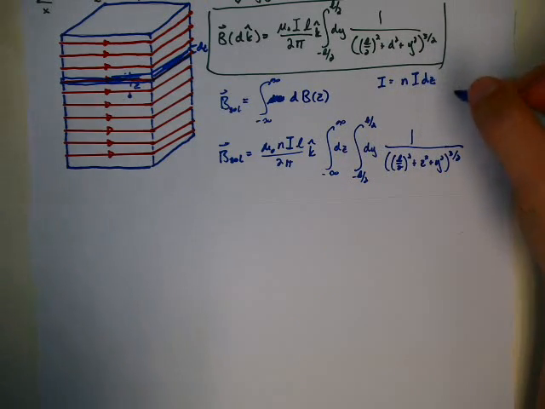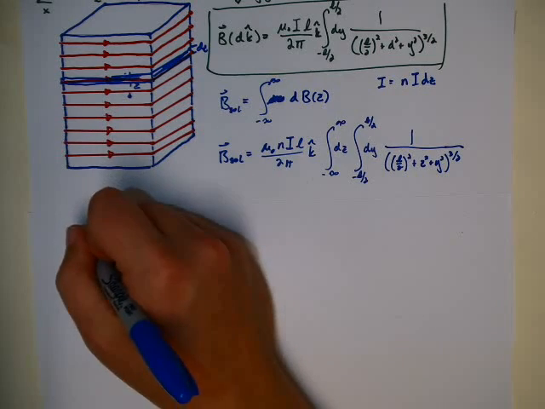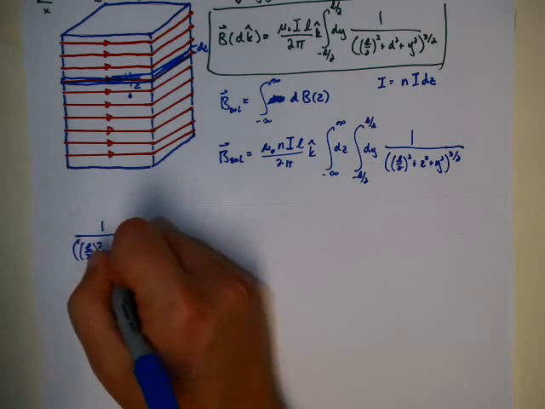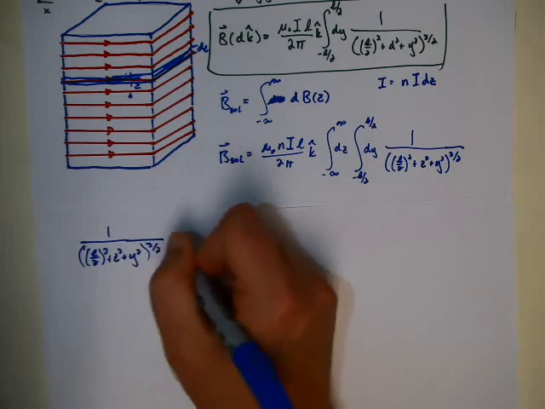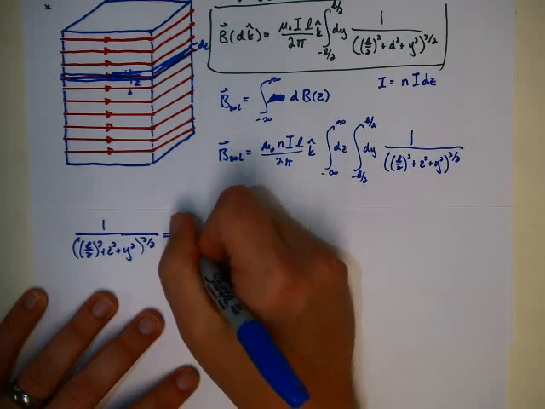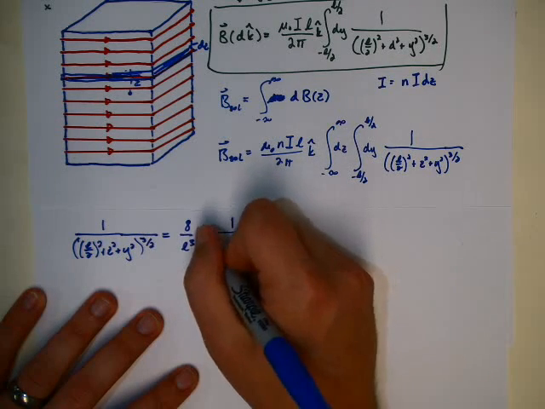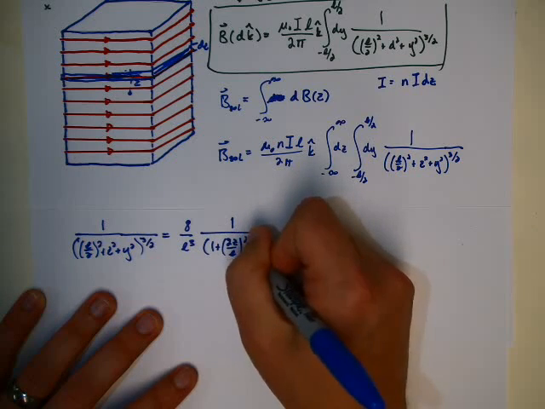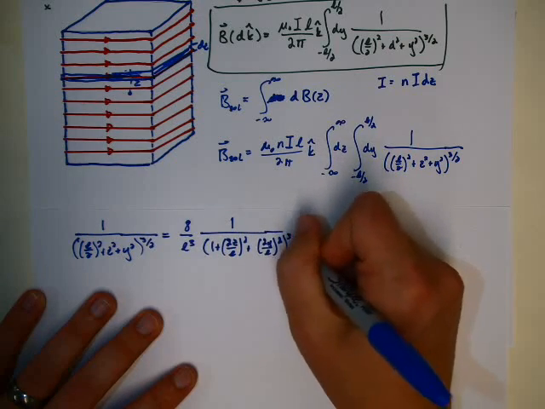So going ahead, the first term, let me just rewrite this: 1 over quantity L over 2 squared plus z squared plus y squared to the 3 halves power is of course equal to, I can factor this L over 2 out, 8 over L cubed times 1 over quantity 1 plus 2z over L squared plus 2y over L squared to the 3 halves.